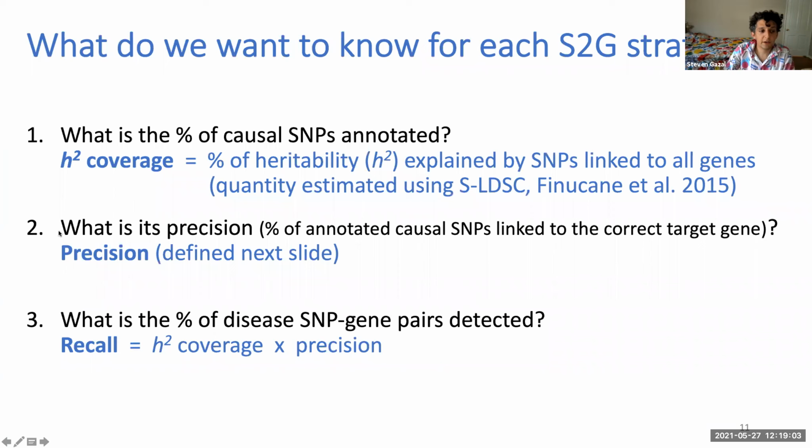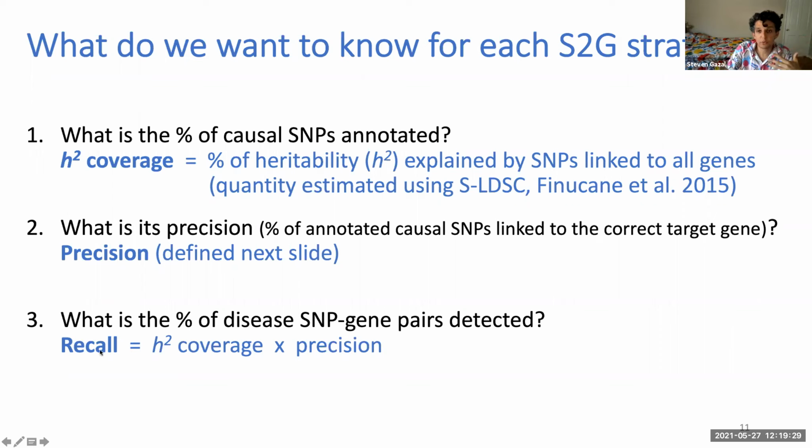The second thing we want to know is the precision of the strategy: what is the fraction of annotated causal SNPs that are linked to the correct target genes? This is more challenging to estimate, and I will define how we did that on the next slide. And finally, the last thing we want to estimate is the fraction of disease SNP-gene pairs that have been detected.